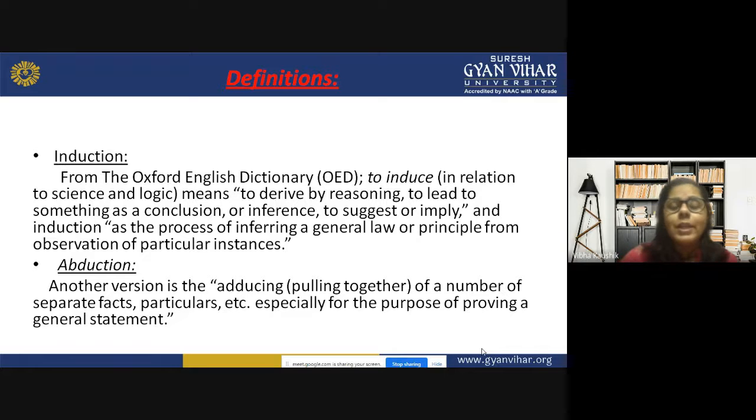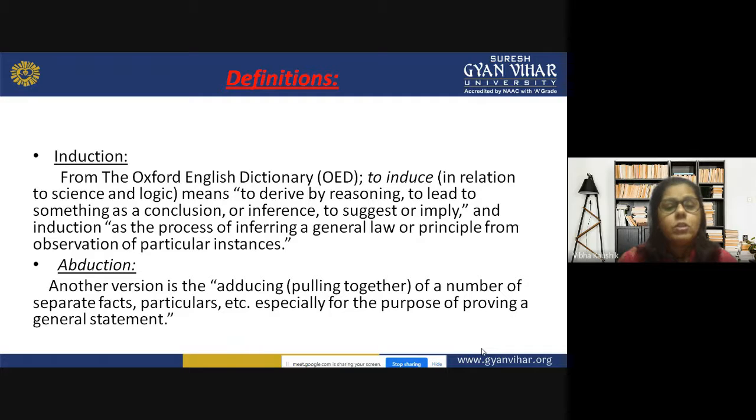What induction means, as defined by the Oxford English Dictionary, includes to derive by reasoning, to lead to something as a conclusion or inference, to suggest or imply. Induction is the process of inferring a general law or principle from observation of particular instances.